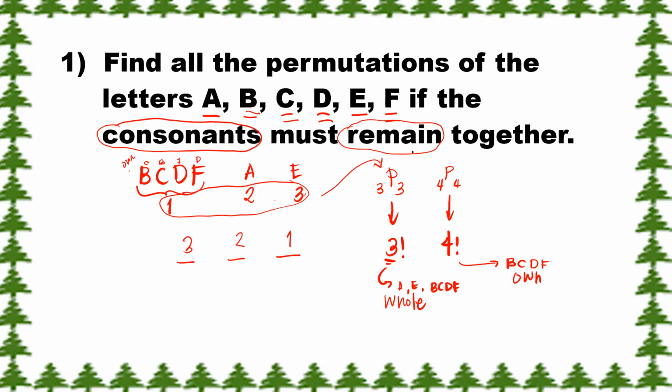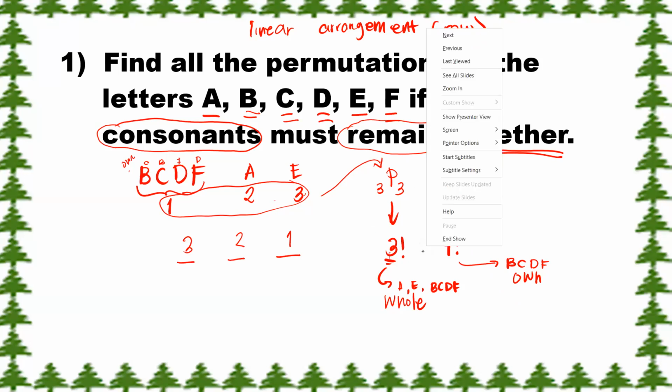Okay? Kapag may nakita kayong ganito na they must remain together, okay, they must sit together, and remember that this is done if they are arranged in a line. So they are in a linear arrangement. Okay, or in a row. That's a linear. So that's 3 factorial times 4 factorial.